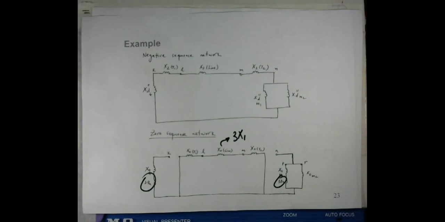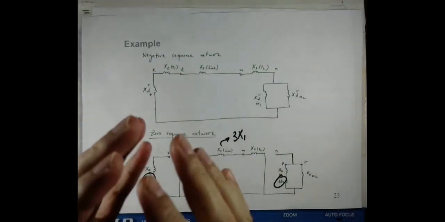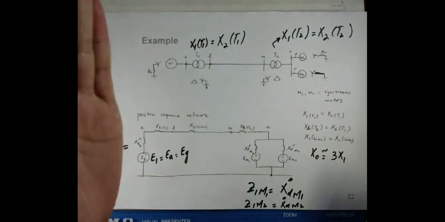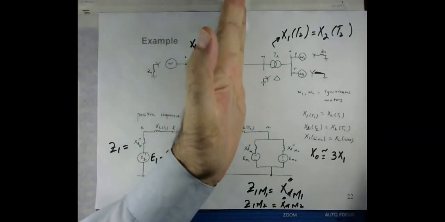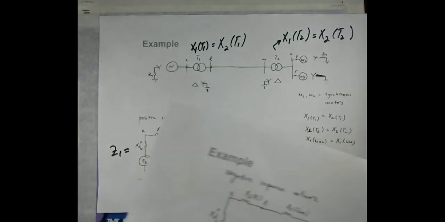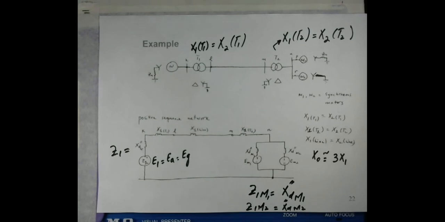With this example, we have applied the knowledge that we gained in the last couple of lectures, and we have derived the three sequence networks of a power system, including all the necessary components: generation, transmission, utilization, transformers, and Y connected loads. Let me now conclude this whole discussion.